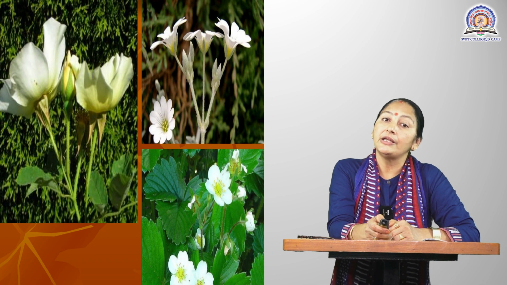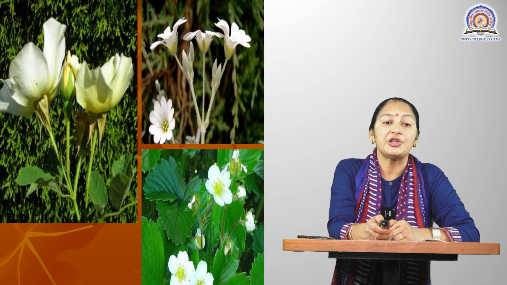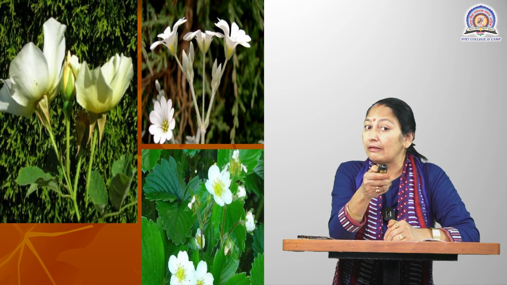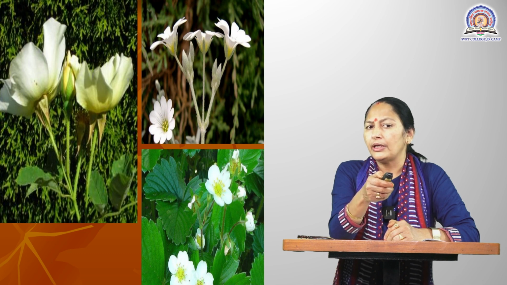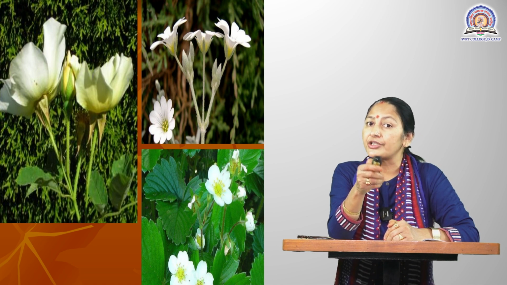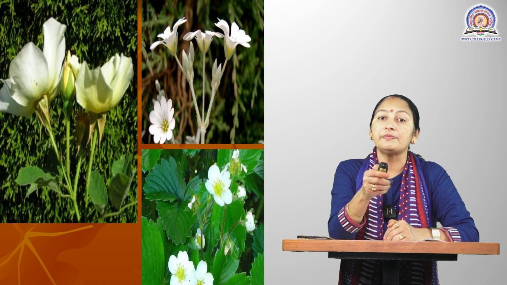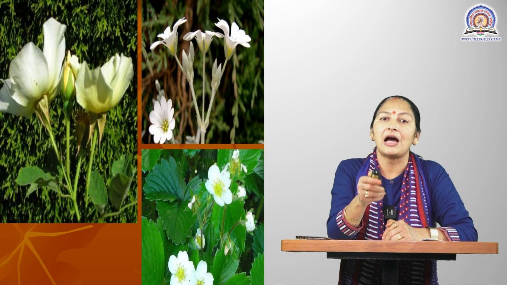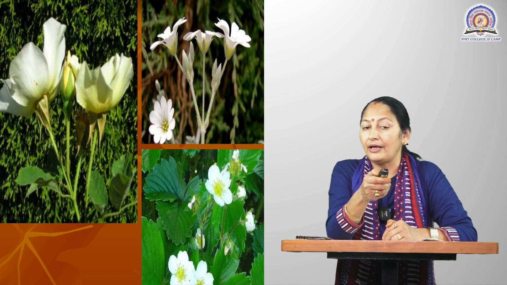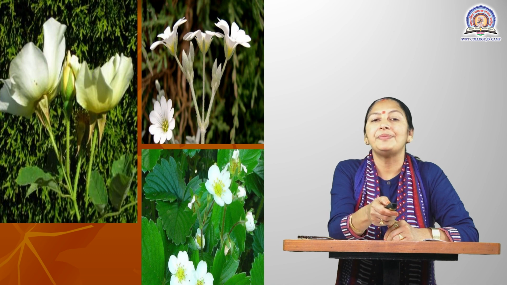Then next, in this picture, the older flowers are arranged on the apical side. You see the Nerium plant, Kaner plant, which is very common. It is a cymose type of inflorescence. In a cymose type of inflorescence, the older flowers are arranged in the apical region, and the younger flowers and buds are arranged on the basal side.